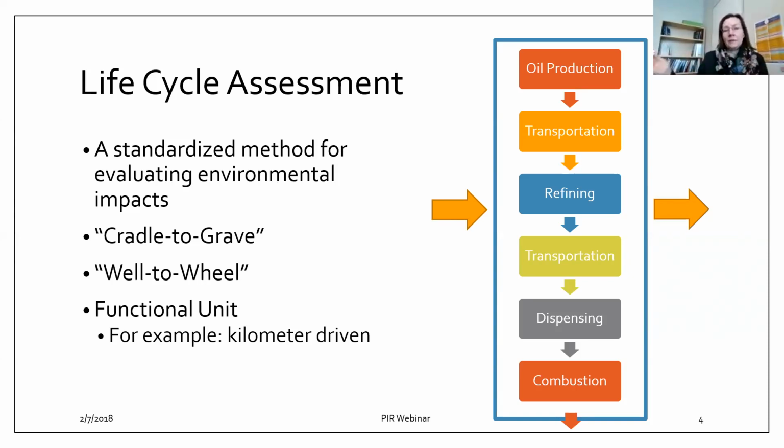You say, I need to drive 5 kilometers to get to school. So that function is your kilometers driven. So when we're talking about the greenhouse gas emissions from transportation, our emissions are usually reported in tons of carbon dioxide equivalent per kilometer driven.